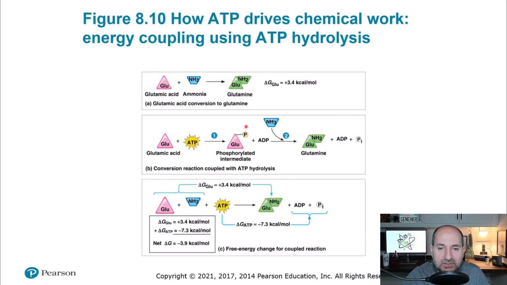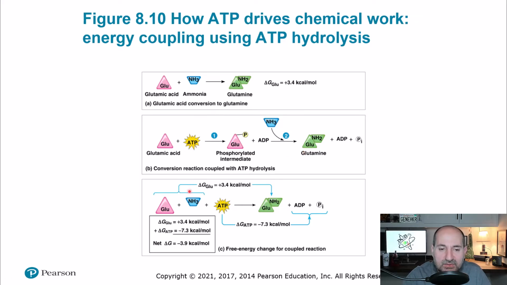This is known as a phosphorylated glutamic acid, or in general, a phosphorylated intermediate. This would allow the ammonia to then bind to the glutamic acid to form glutamine. And this is one technique by which a cell can use ATP in order to produce a product that it otherwise would not be able to produce.